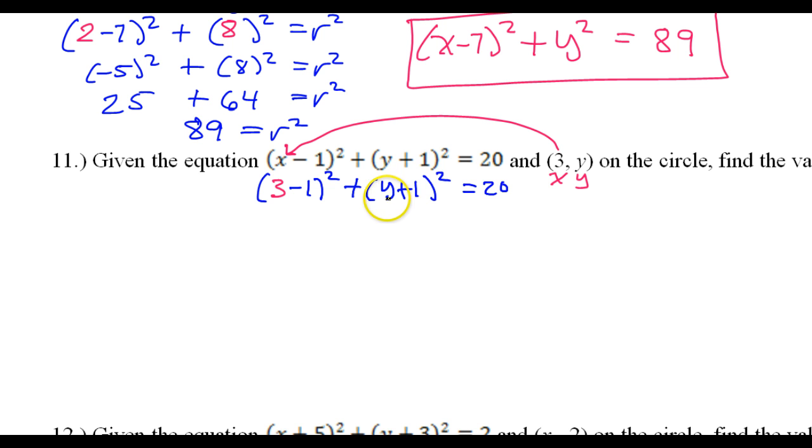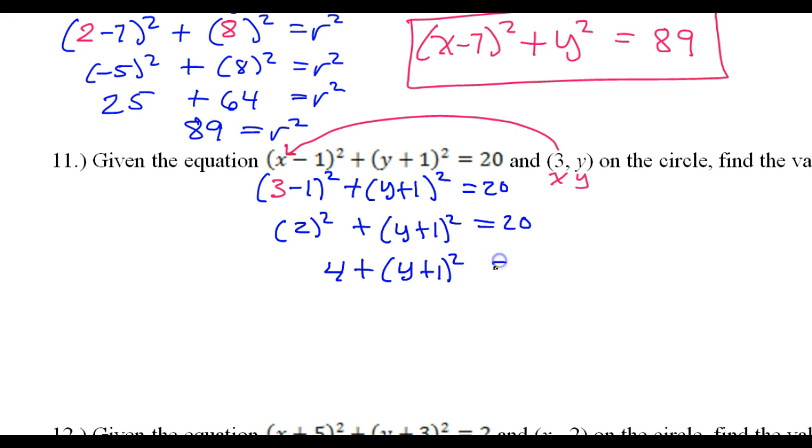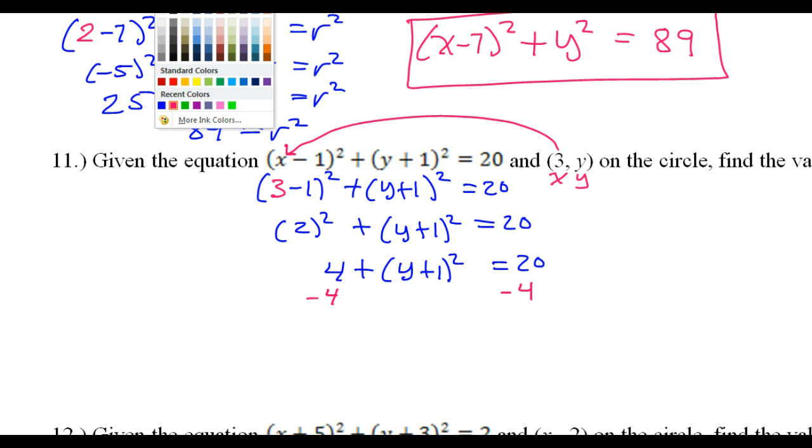So this only has one variable in it, so I should be able to solve for y. 3 minus 1 is 2, so this gives me 2 squared plus y plus 1 squared is equal to 20. Of course, 2 squared is 4, so that gives me 4 plus y plus 1 squared is equal to 20. Time to subtract 4 from both sides, so minus 4 minus 4.